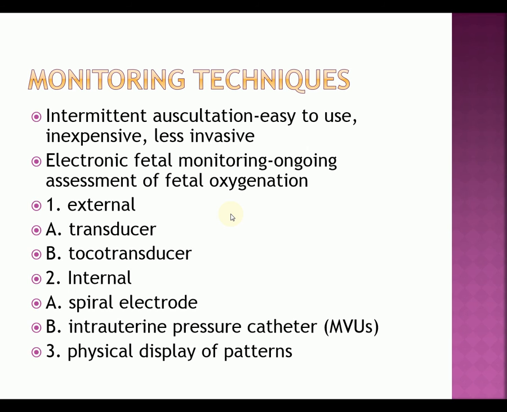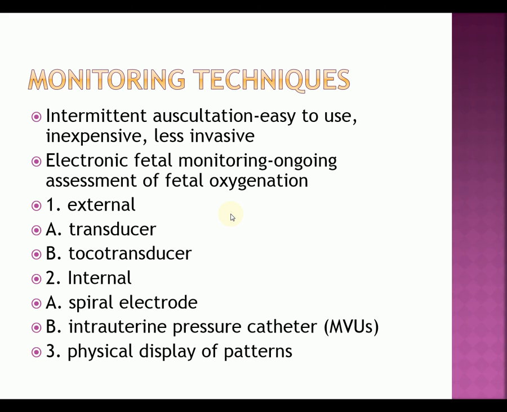So again, if you'll look on page 416 in your book, it shows you an example of the intrauterine pressure catheter, and it can be fluid filled, or it can be solid. Those are things I don't really expect you to know, but the ones that are fluid filled, you can actually do an amnio infusion with those.